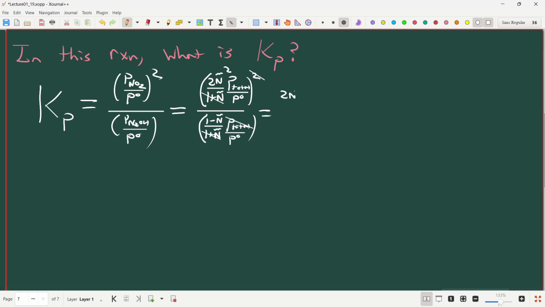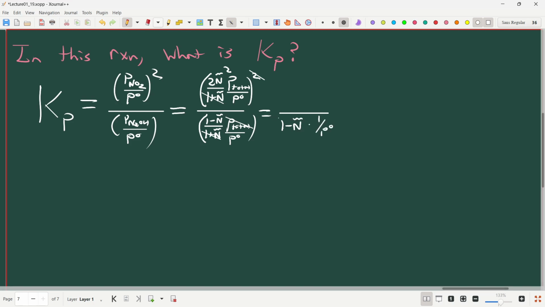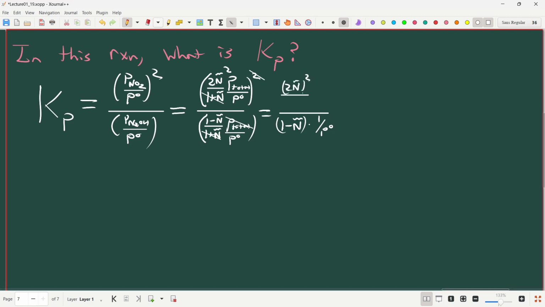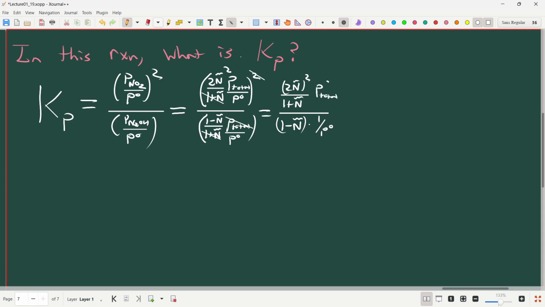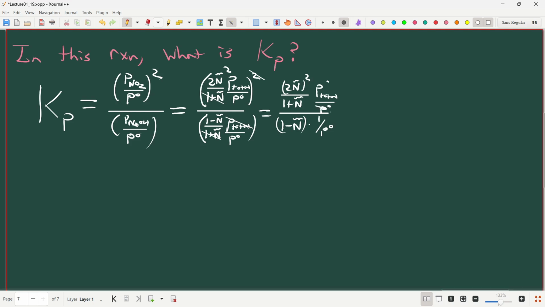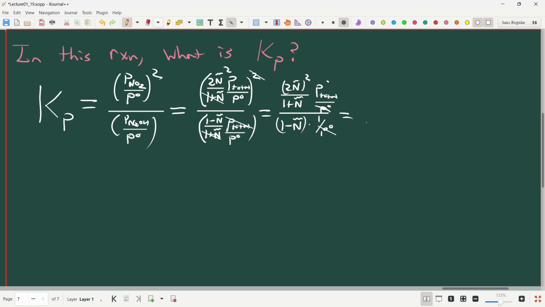So we have a 1 minus n with 1 over P naught in the denominator, and then 2n squared over 1 plus n, that's the remaining one, times P total over P naught. The P naughts cancel out.